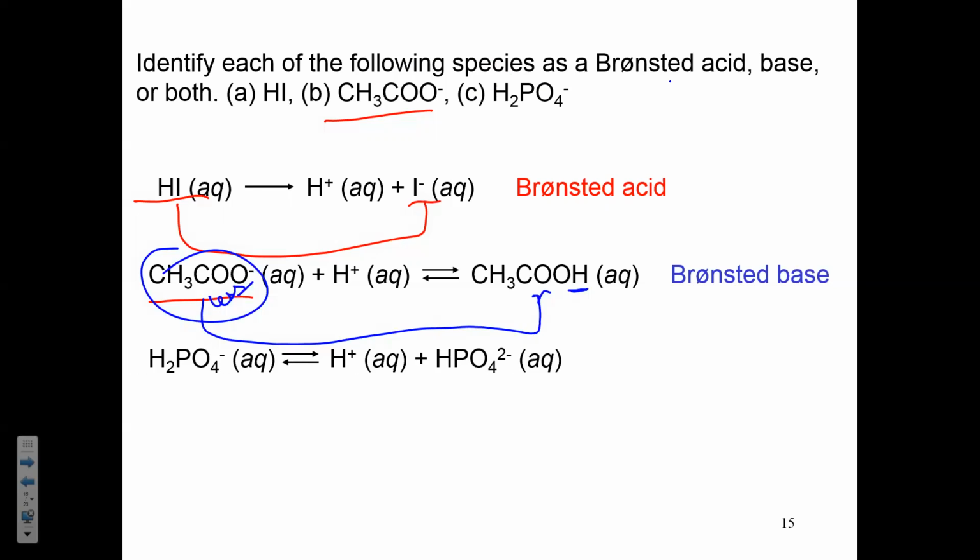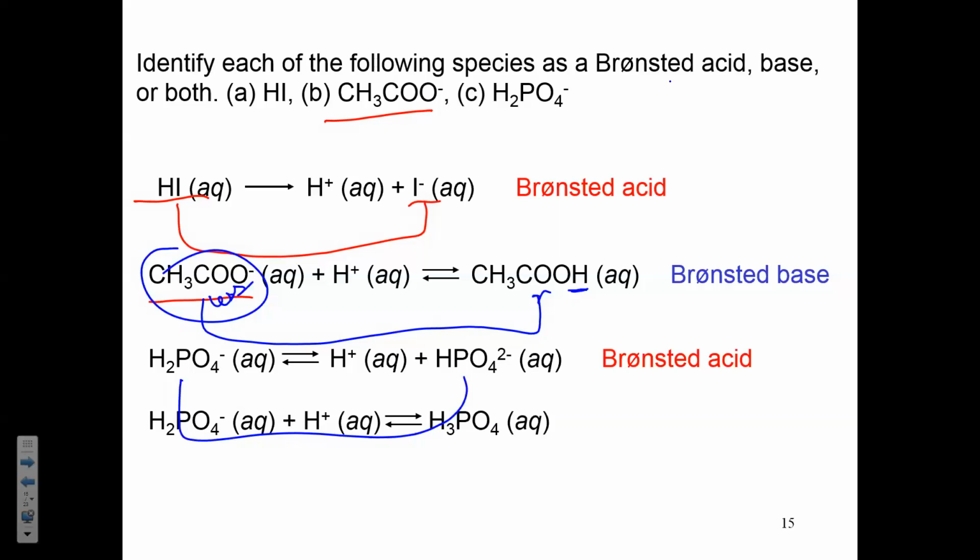Hopefully you said, well, this pairs with this. And you said that H2PO4 was an acid because it has more hydrogen than the HPO4 2 negative. Okay, let's try this one. Hopefully here you said that it is a base because this has H2, this has H3, those are the pairs, so this one would be your acid, this one would be your base.